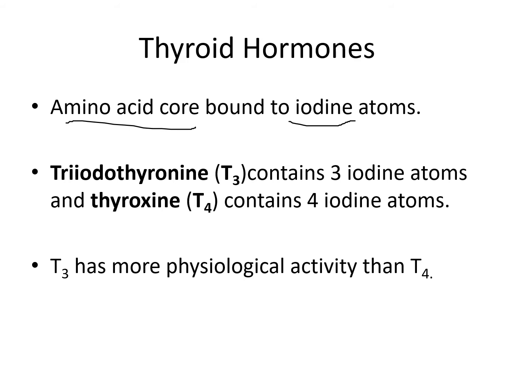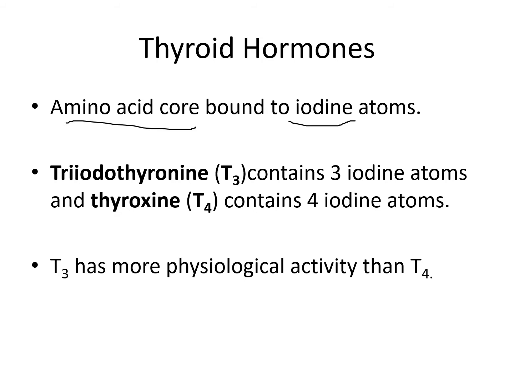The thyroid hormones have specific names. There's T3 and T4, indicating the number of iodine atoms present in the molecule. Triiodothyronine, or T3, contains 3 iodine atoms, and thyroxine, or T4, contains 4 iodine atoms.